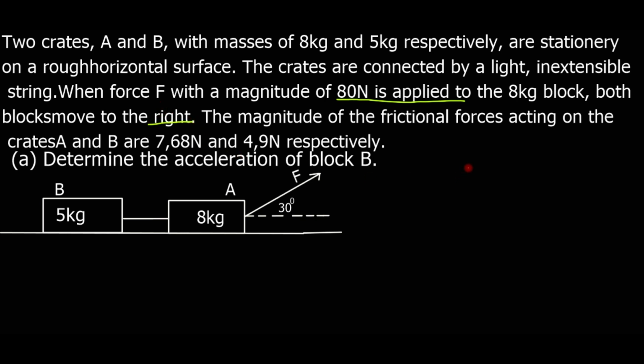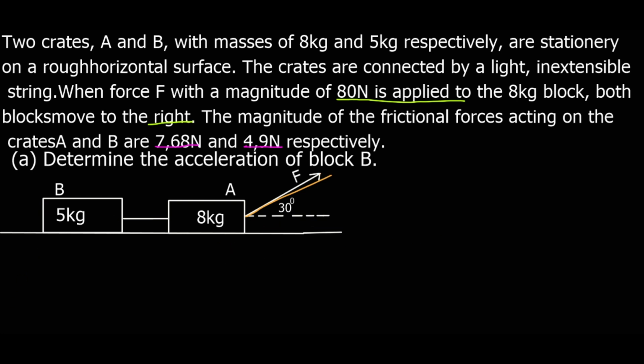The magnitude of the frictional forces acting on the crates A and B are 7.68 newtons and 4.9 newtons respectively. Actually, it's a similar situation, but the only difference is now this object is being pulled at an angle. These two objects are initially stationary, and then they move in this direction.